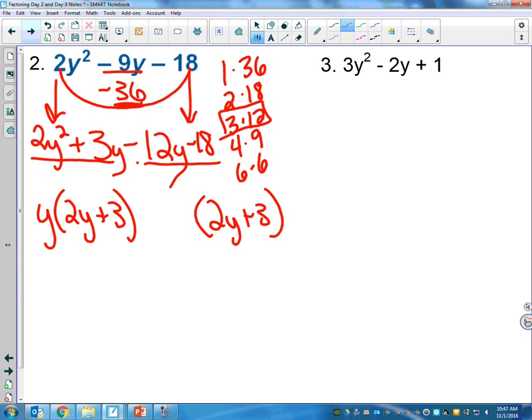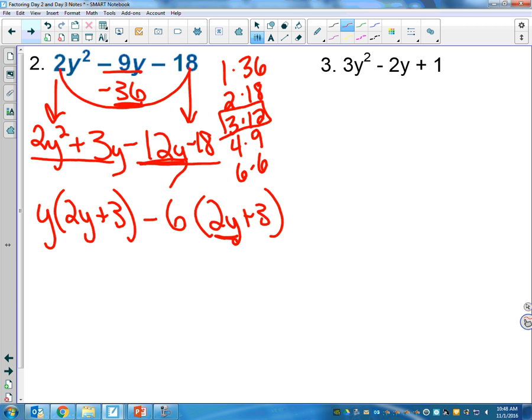So right now, this is a negative 12y, and I only want a positive 2y left. So if I want these negatives to change to a positive, that means I'm going to have to pull out a negative number. And 12 divided by 2 means I'm pulling out a negative 6. So because you know what you want to get over here, you can work backwards to get there.